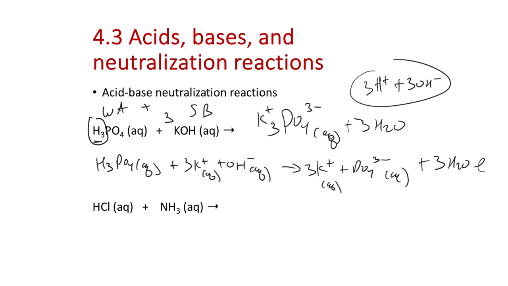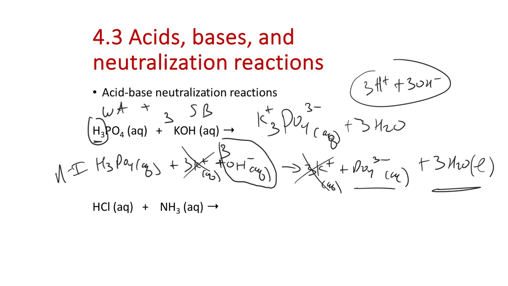The 3 waters stay intact. So in my net ionic equation, again, only potassium is a spectator, so I'll just imagine K plus being neglected. The net ionic equation would be H3PO4(aq), plus I forgot the 3 hydroxide ions from the 3 KOHs, so 3 hydroxide ions, react with that to form PO4 3 minus and 3 waters.